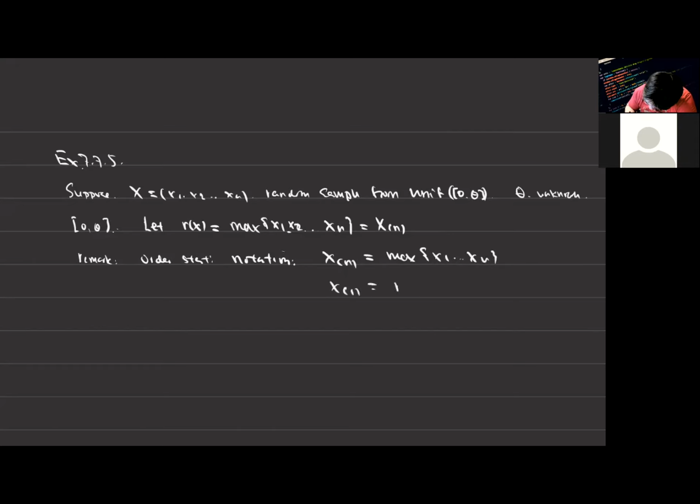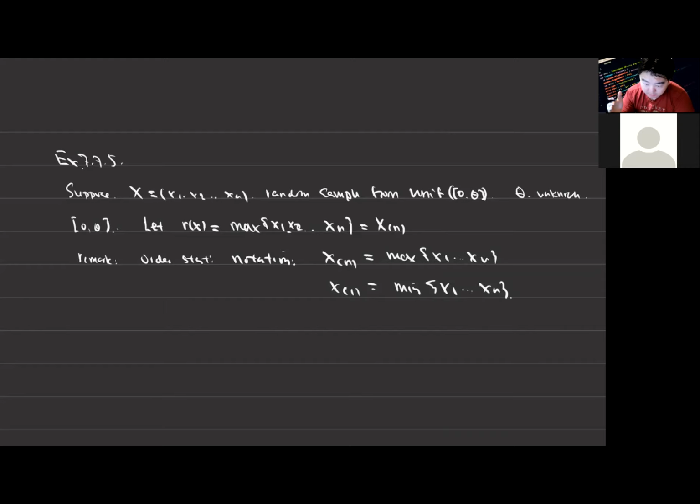X1 is the minimum of all of the x. That's just the standard notation in case you don't know it. In this case, we're going to use the first one, x parenthesis n, which means the largest number, the maximum of all of the data x1, x2, all the way to xn.